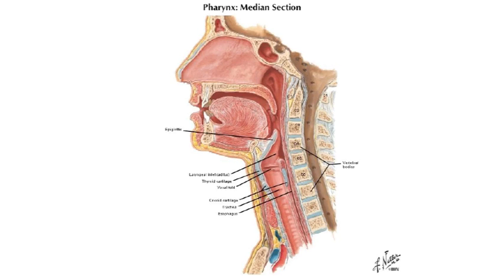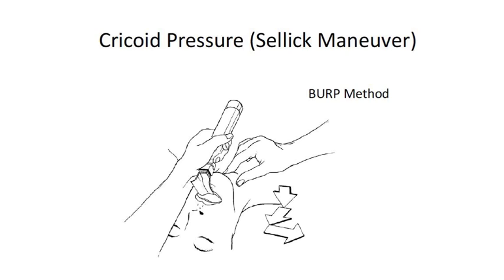Again, the median section of the pharynx: the cricoid cartilage corresponds to the level of the body of the vertebra C6, and so by applying pressure, you can occlude. This maneuver is known as cricoid pressure or the Sellick maneuver. By applying the BURP method, you apply backward, upward, and rightward pressure. Backward and upward minimize the risk of aspiration.